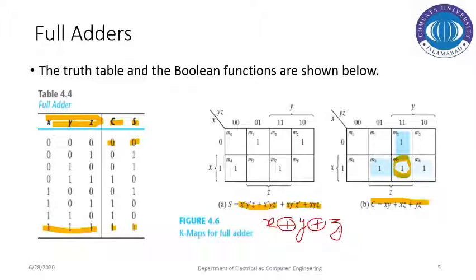And similar is the case for the carry. We can also convert the base carry expression, or the Boolean function without simplification, into a form. We can represent it as x exclusive OR y into z or yz, or we can say xy.